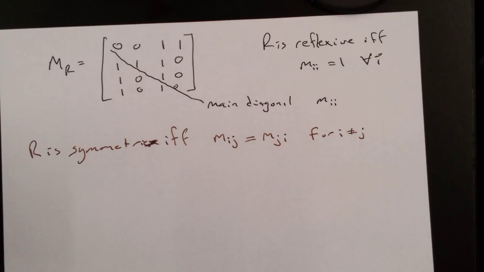Technically, any matrix that satisfies this property that is square is called a symmetric matrix. Gee, I wonder why. Because if I fold it over, it's the same thing. That is exactly the same definition I'm going to use for symmetry in a relation. If the matrix is symmetric, then the relation is symmetric.